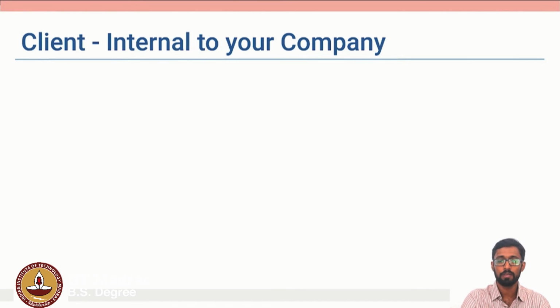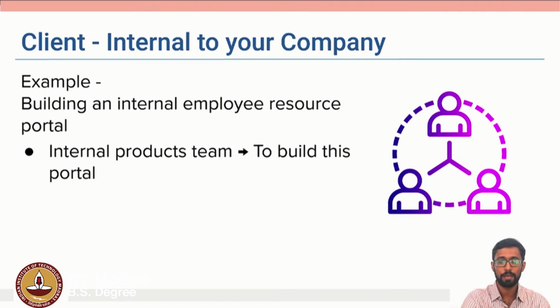For example, a company might want to build an employee resources portal which contains information about various employees and teams in the company. To build such a system, the company might form an internal products team which communicates with other departments like human resources to understand the requirements.